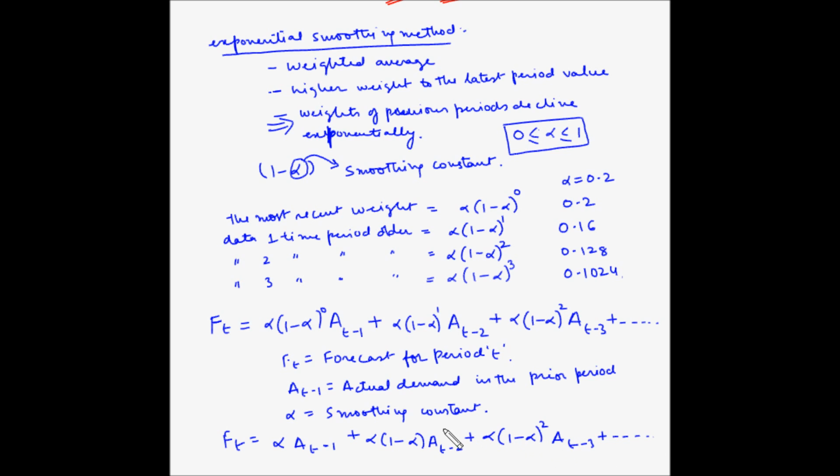and so on. Now, as we had mentioned earlier, the sum of all the weights should be equal to 1. So let us go ahead and prove that. So the sum of the weights is alpha plus alpha(1 minus alpha) plus alpha(1 minus alpha) square plus alpha(1 minus alpha) cube, and so on.